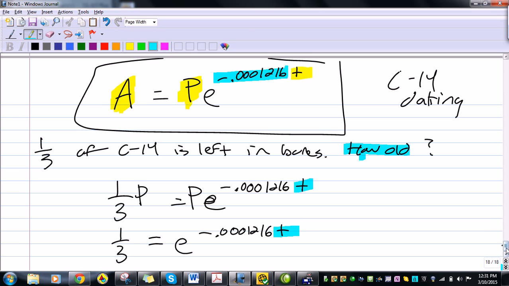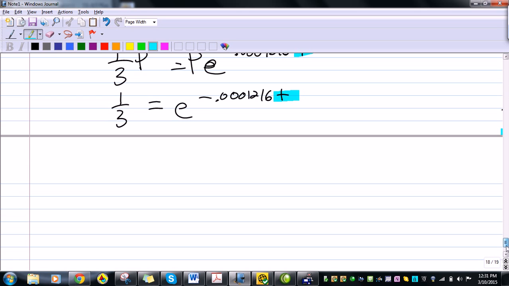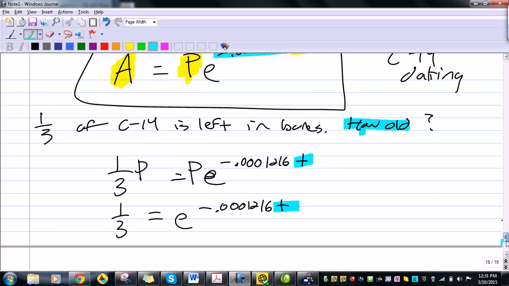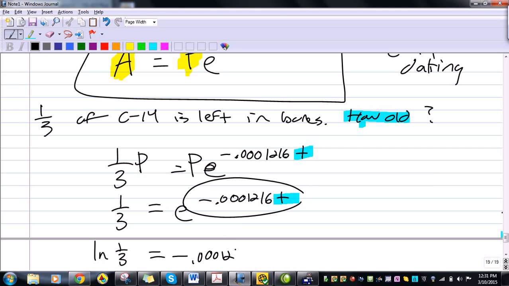logarithms to solve, right? And we can either rewrite as its equivalent logarithmic, or I think it's just as easy to do as we have and take the natural log of both sides, right? So if I natural log the left, I get natural log of 1/3. And if I natural log the right, that comes down, negative 0.00011216 t. And then I have times what's left, the natural log of e, right?